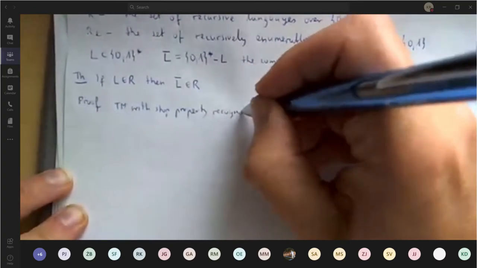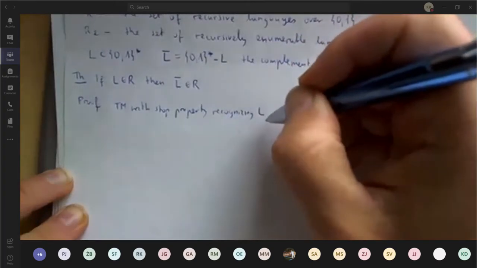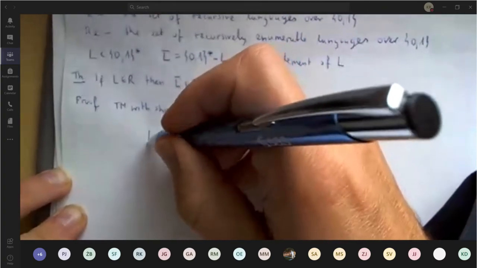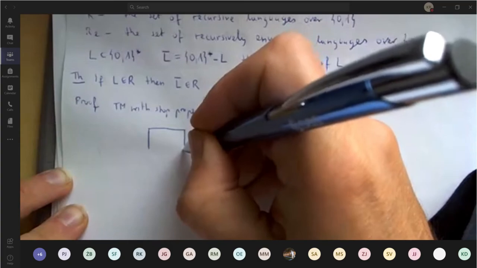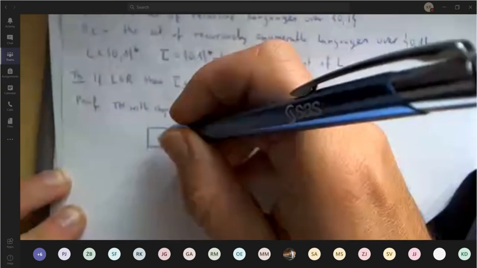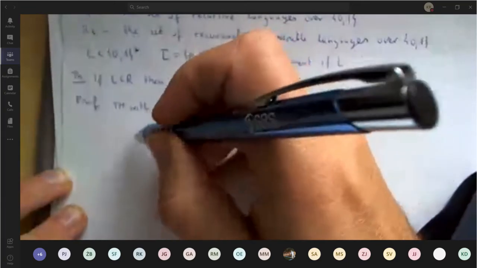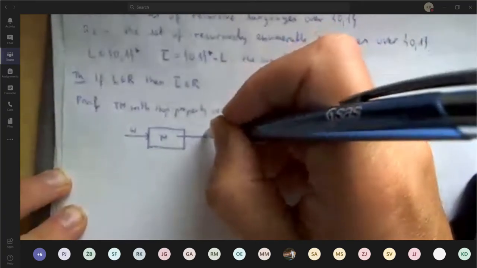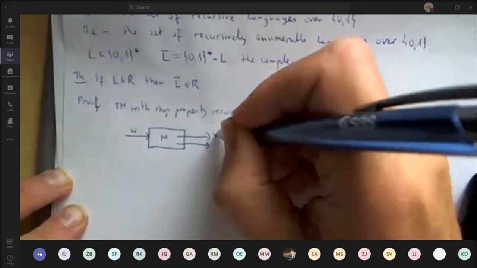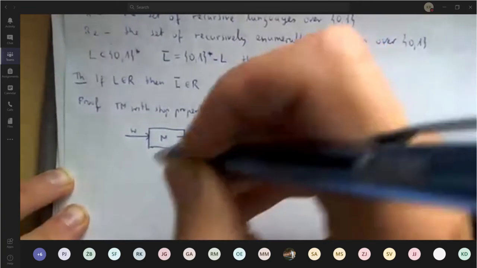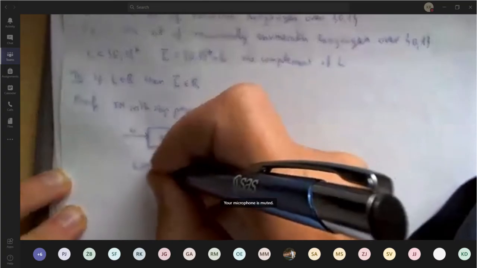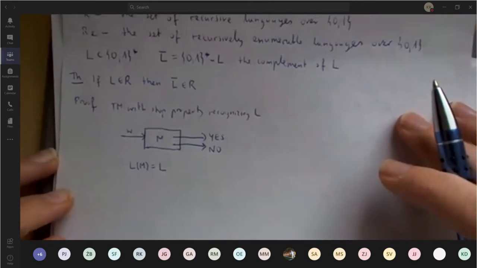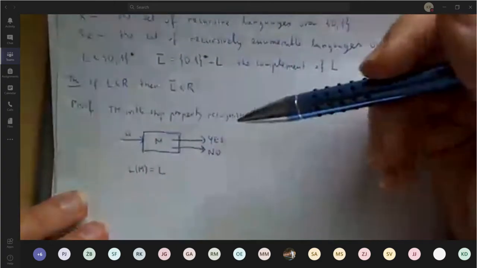I will denote it with M. So this is M. The language of M is L. And now I will construct the Turing machine with stop property that recognizes the complement of L.